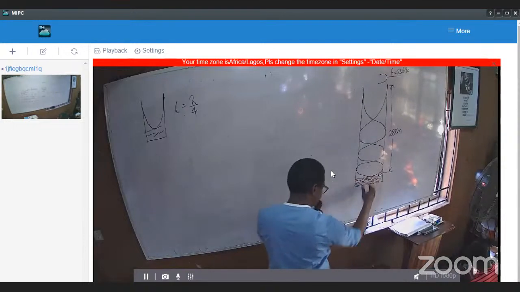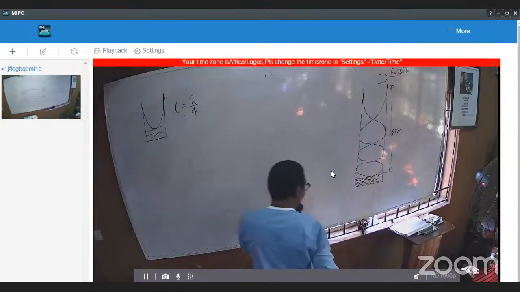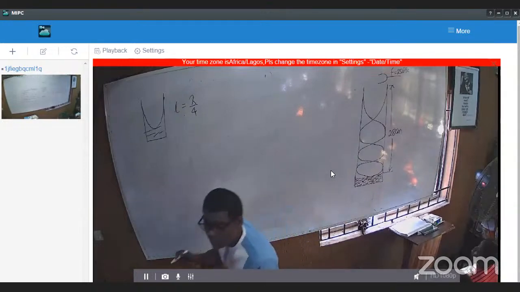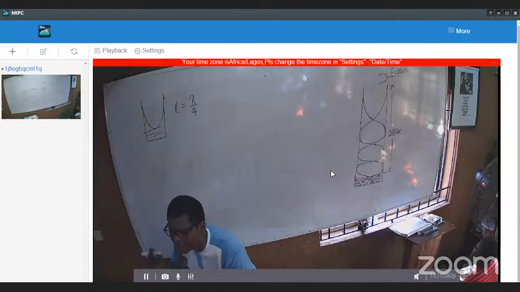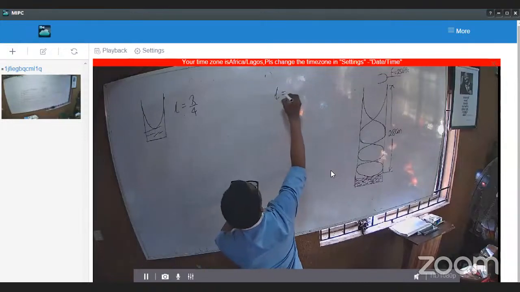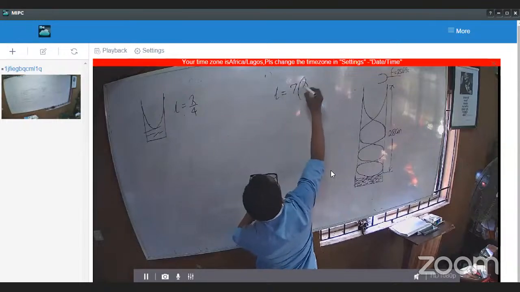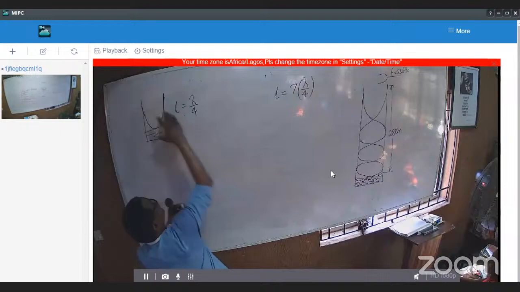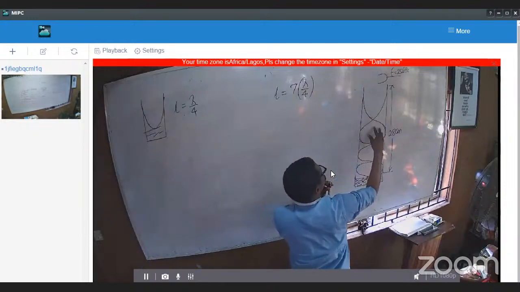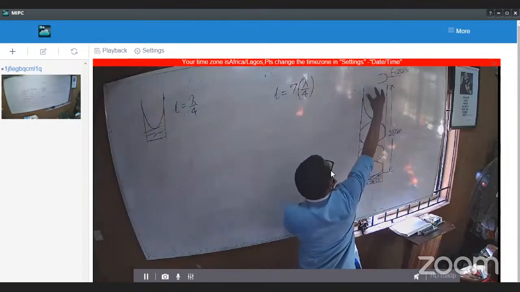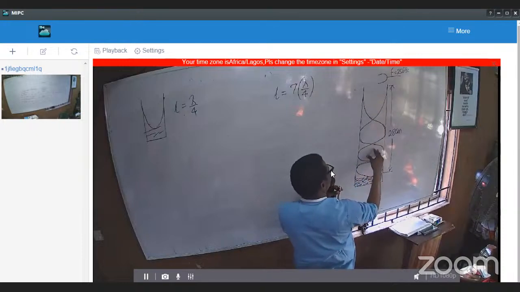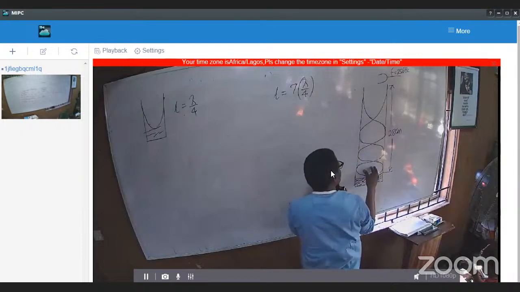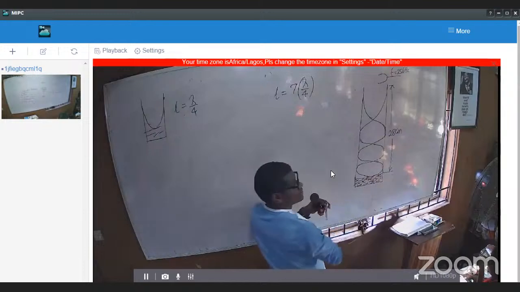Don't forget, odd numbers: 1, 3, 5, 7. So our L now will be 7 into λ over 4. How do we get 7? If you are alone like this, λ over 4. Including this, 3 into λ over 4. From here to here, 5 into λ over 4. From here down, 7 into λ over 4. You can prove it yourself.